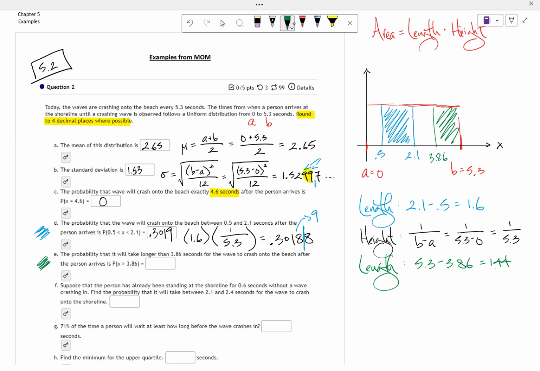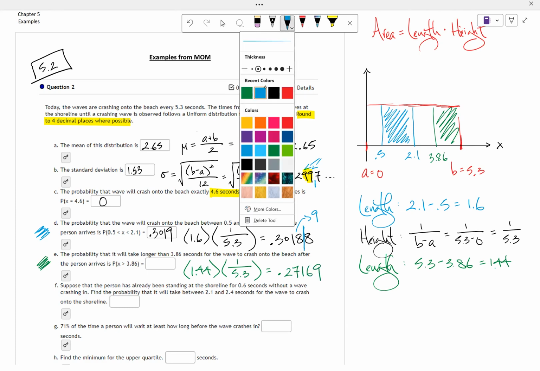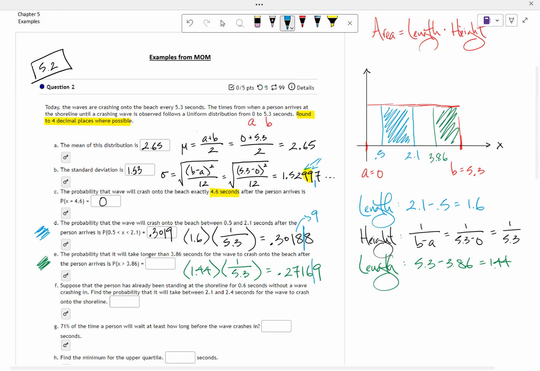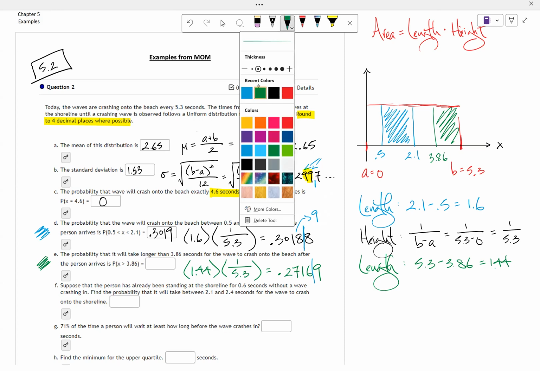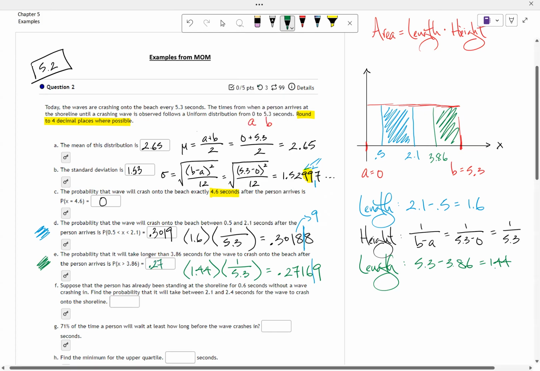So my work here is 1.44 times 1 over 5.3. When I type that in, I get 0.27169. I only want to round to 4 decimal places, so I get 0.2717 because the 9 means I need to round up. So 0.2717.